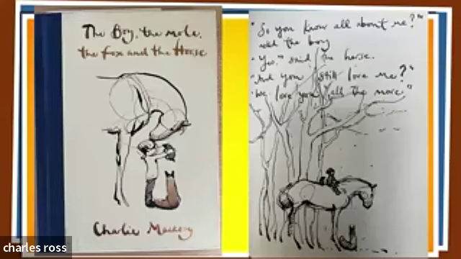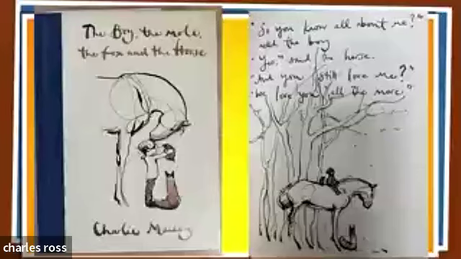Some of you may be familiar with this book. It's a book for all ages, children, adults, elderly. It's a lovely book. The Boy, the Mole, the Fox, and the Horse. And it's of this unlikely group of friends. The author is Charlie Mackesy. And there's this one page that kind of says the same thing as the Sawubona word.